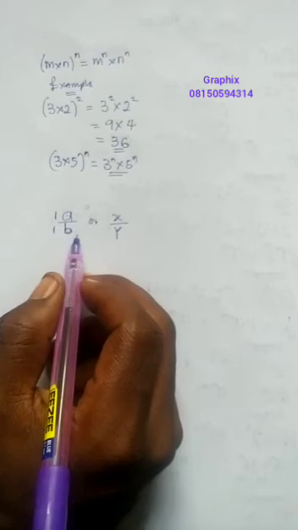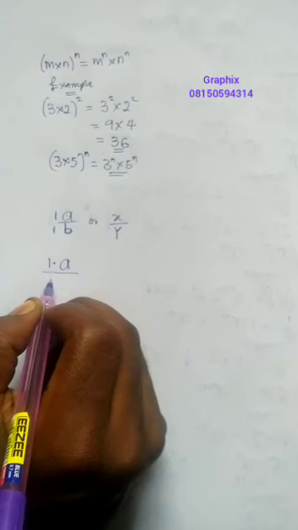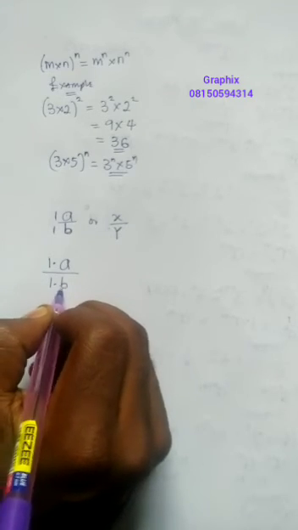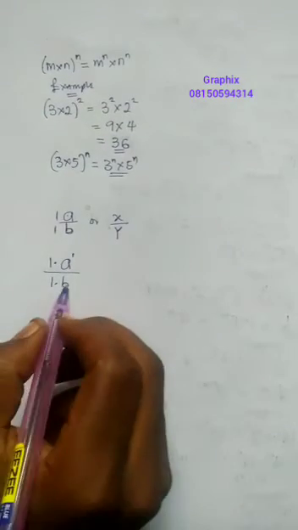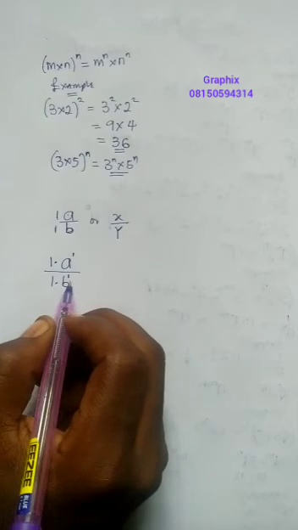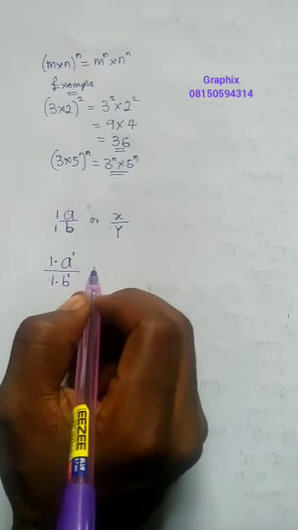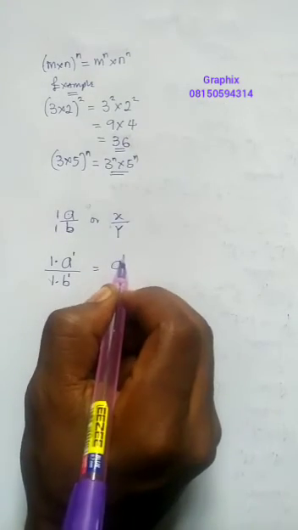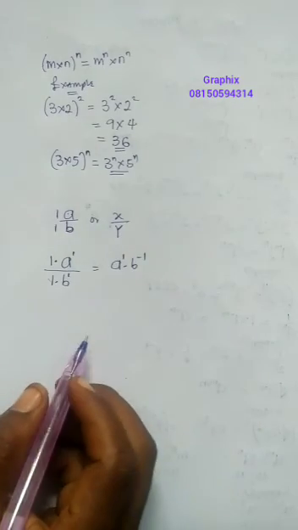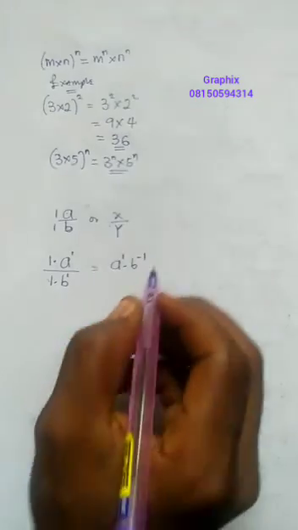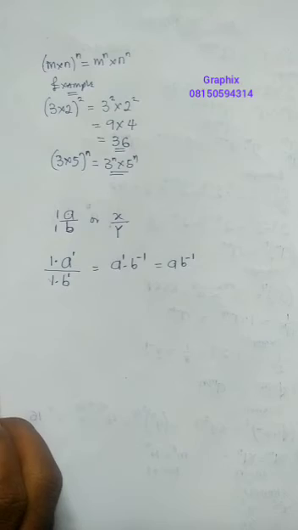So A over B is like saying A times 1 all over 1 times B, and there's a silent 1 here, also the power. So 1 times B raised to the power 1 gives B raised to the power 1. But if this B is coming up, it will give me A raised to the power 1 times B raised to the power minus 1, because the B is coming up. So we'll be having A times B raised to the power minus 1. Are we good?